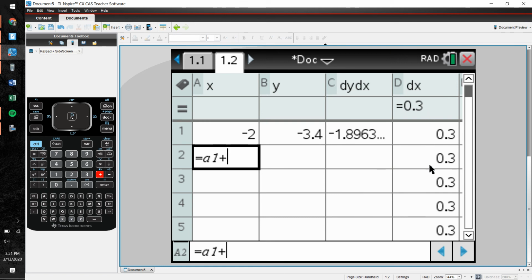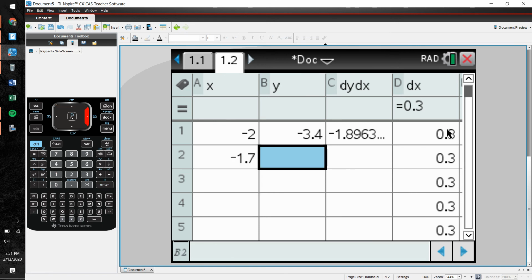Now I could get that 0.3 out of any cell here in column D, but since I seem to be using a lot of ones, I'm going to use D1. So the next x value is going to come from adding this negative 2 with the 0.3 right over here, and that should get us negative 1.7, and it does.